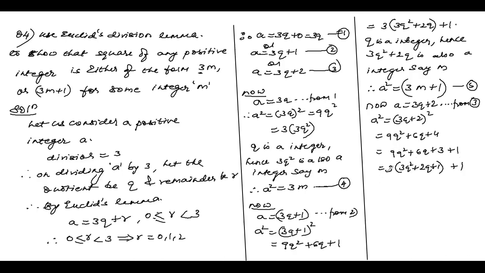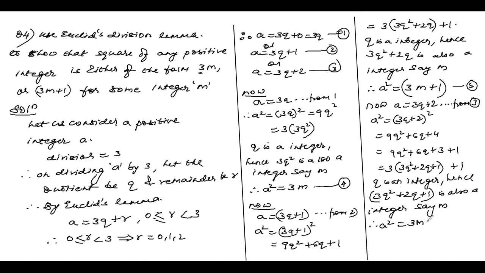Now, see here, since Q is an integer, hence 3Q square plus 2Q plus 1 is also an integer, say M. Therefore, A square equal 3M plus 1. This is statement number 6.